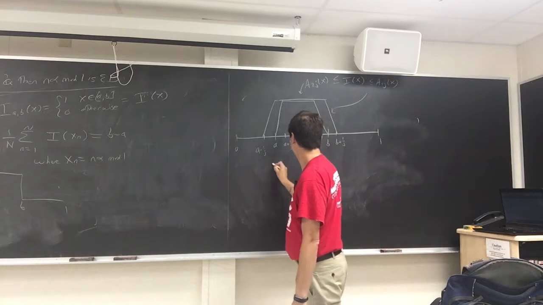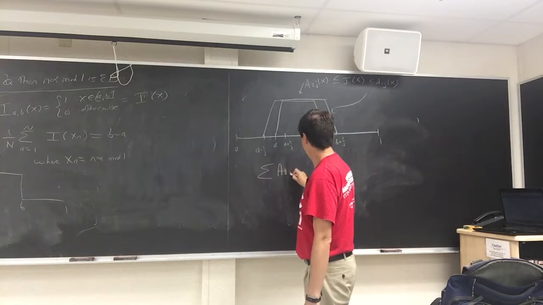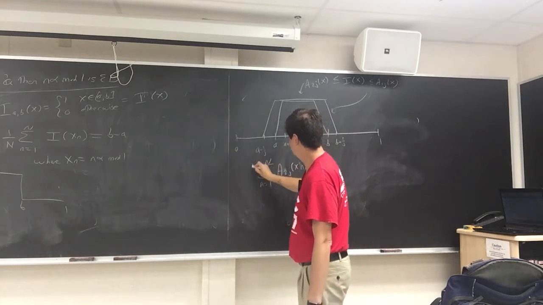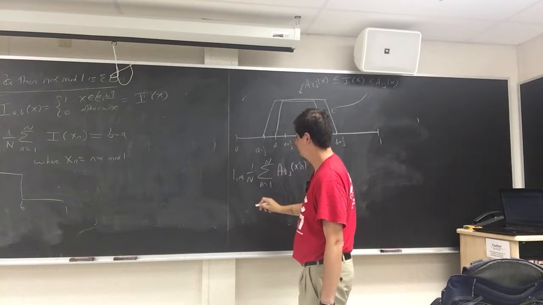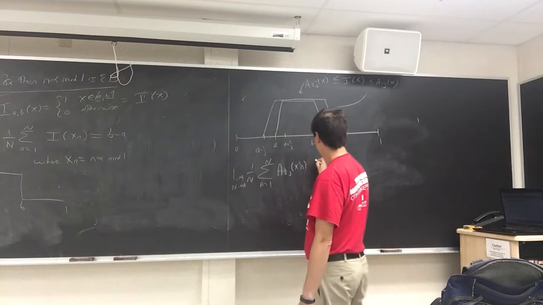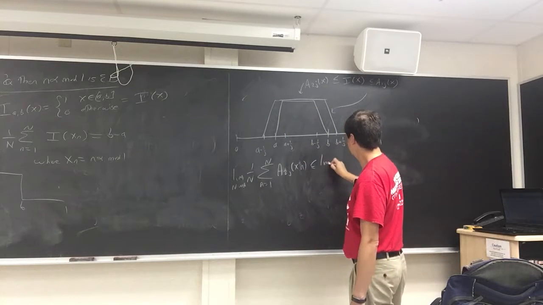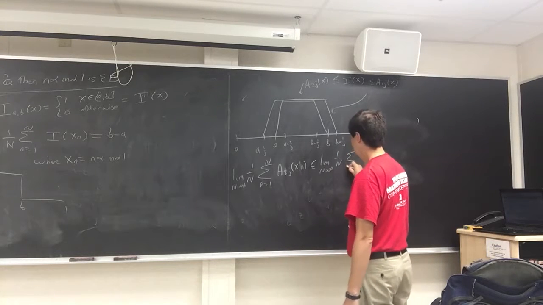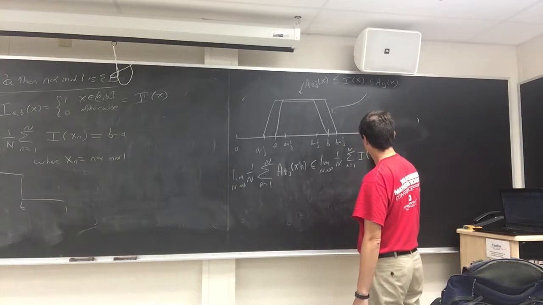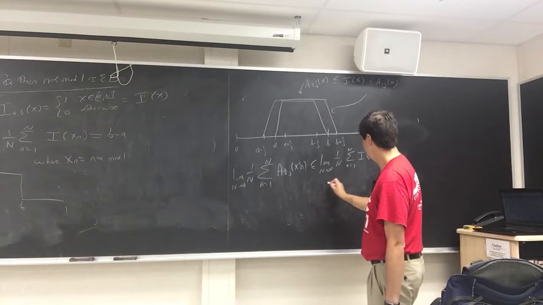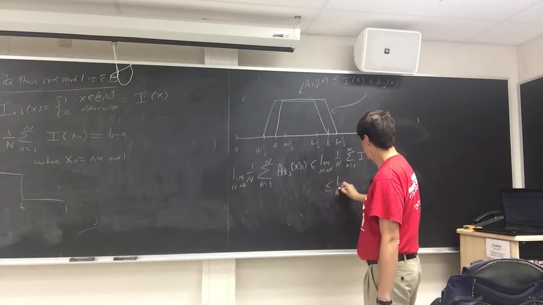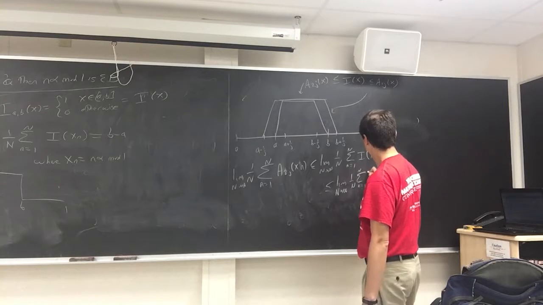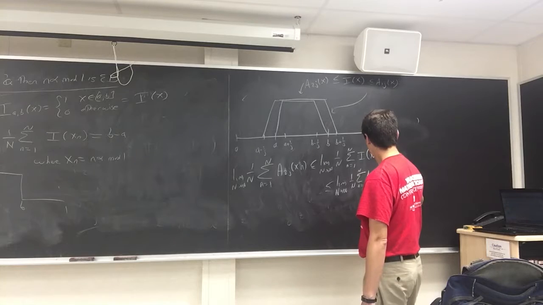So if we study the sum of a2j of xn, and it goes from 1 to n, and take 1 over n, and take the limit as n goes to infinity, this should be less than or equal to the limit as n goes to infinity of 1 over n sum n goes from 1 to n of I xn, which will be less than or equal to the limit as n goes to infinity of 1 over n sum n goes from 1 to n of a1j of xn.